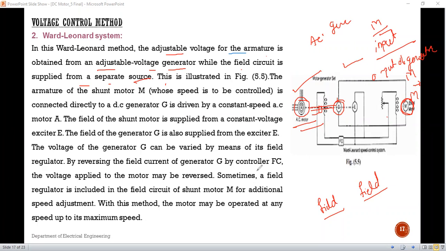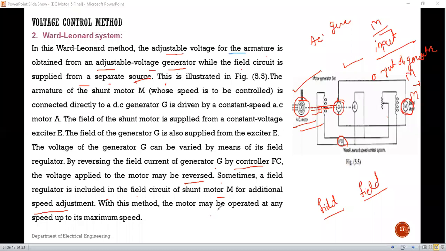So by reversing the field current of the generator G by controller FC, here one control is shown, by controller FC the voltage applied to the motor can be reversed. Voltage आपण ते मोटरला अप्लाय केलं रिव्हर्स पण करू शकतो. If the voltage applied to the motor is reversed, sometimes a field regulator is included in the field circuit of the shunt motor M for additional speed adjustment.